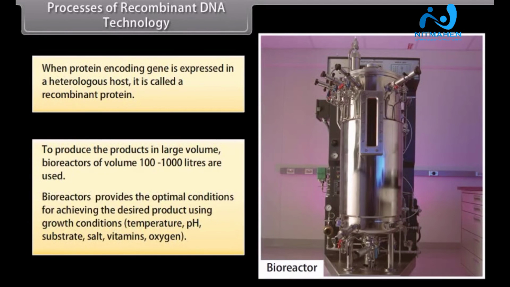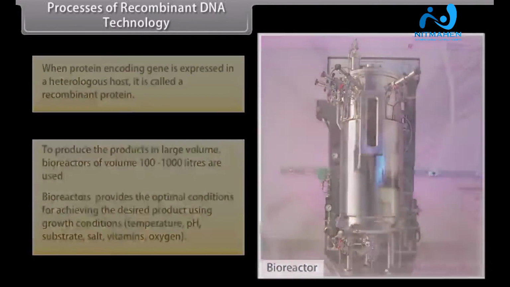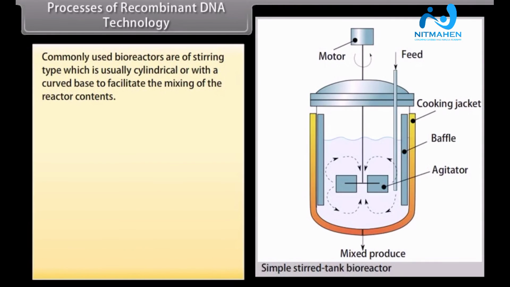Bioreactors provide the optimal conditions for achieving the desired product using growth conditions, temperature, pH, substrate, salt, vitamins, oxygen. Commonly used bioreactors are of stirring type, which is usually cylindrical or with a curved base to facilitate the mixing of the reactor contents.